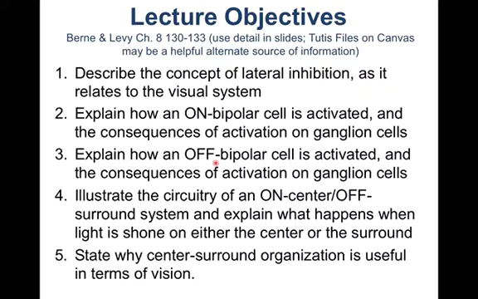The response that is elicited in a target cell is related to the type of receptor that is present rather than being a function of the specific neurotransmitter that's released. We'll build up and talk about center surround systems and why it's useful in terms of vision. And I'll tell you that right now. It's useful in terms of vision for accentuating borders and edges where dark meets light.